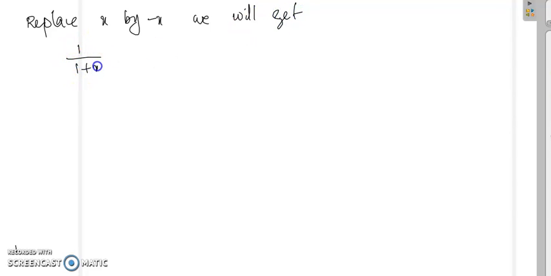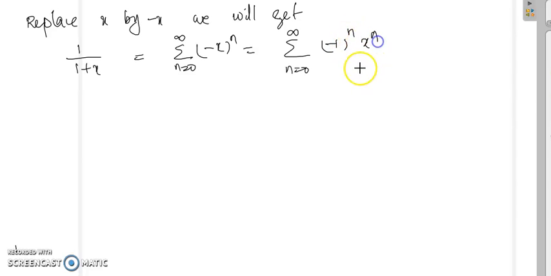And when you replace x by minus x, we will get 1 by 1 plus x equal to summation n equal to 0 to infinity minus x whole raised to n. So that is summation n equal to 0 to infinity minus 1 whole raised to n x power n.